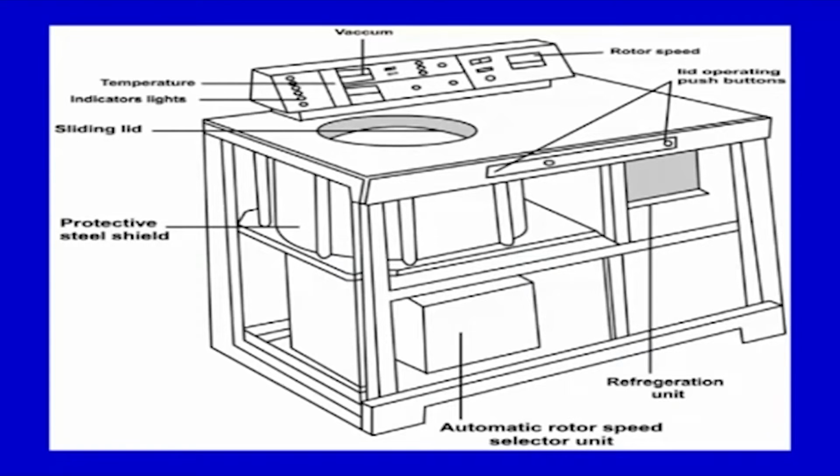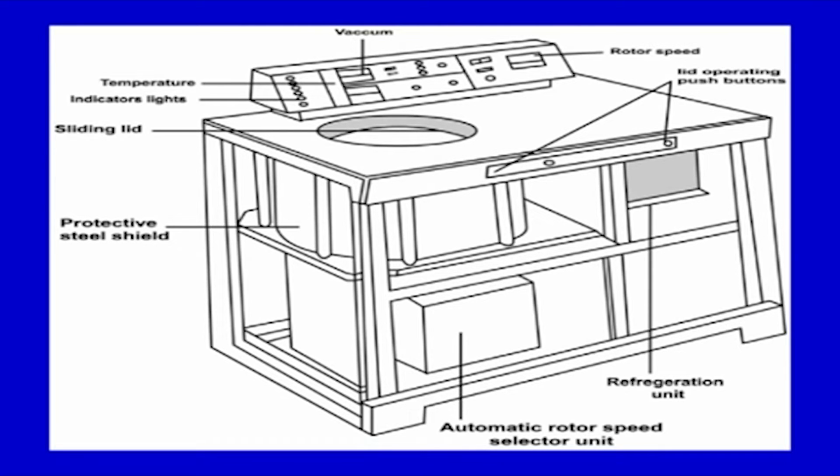This is a simple schematic diagram of an ultracentrifuge, and as you can see there are a lot of important things here. There is an arrangement for vacuum, controls for vacuum and temperature, indicator lights, rotor speed, and lid operation.